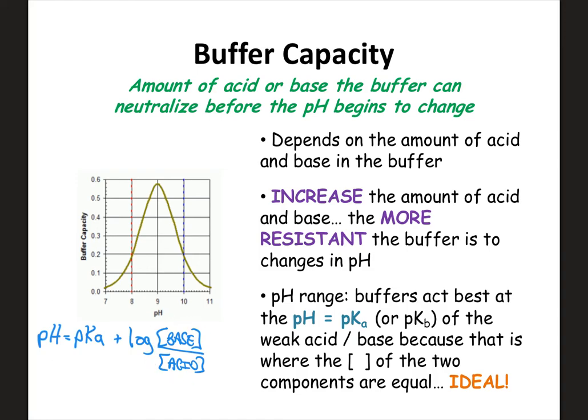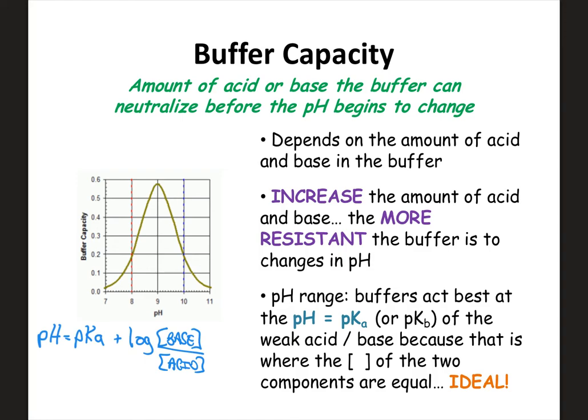That's when you have an ideal buffer. So this ties in beautifully with that idea of an ideal buffer having those equal concentrations. When they're equal, this basically cancels out. The log of 1 is 0, and this gives us the pH being equal to the pKa. So if you have a buffer having a pH equal to the pKa, that's when this is going to be acting the best here.